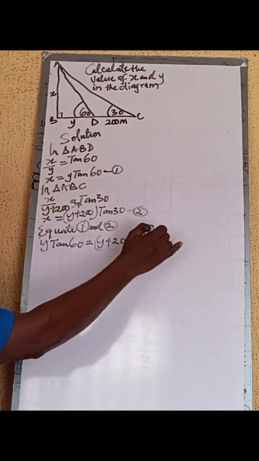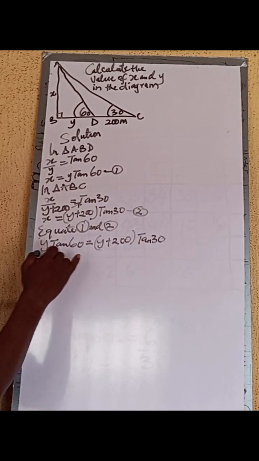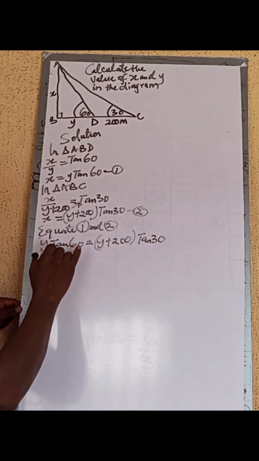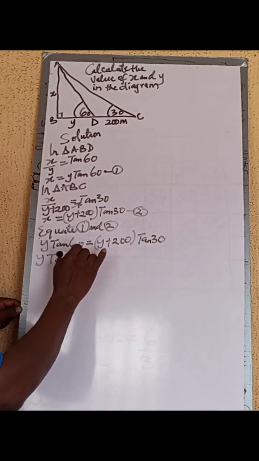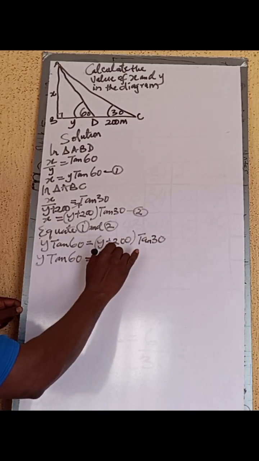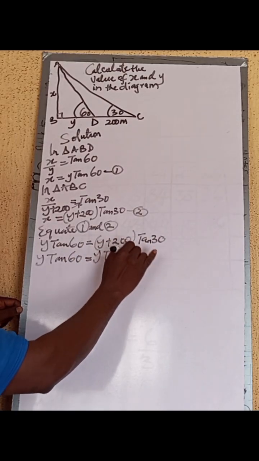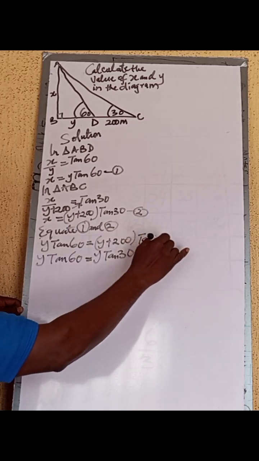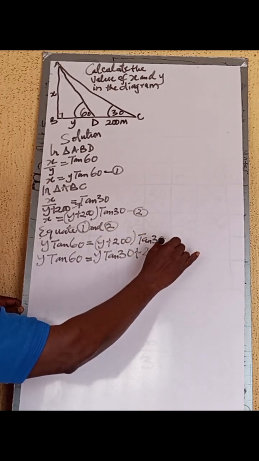If you open the bracket, you collect terms. So y tan 60 is equal to y tan 30 plus, opening the bracket, 200 tan 30.